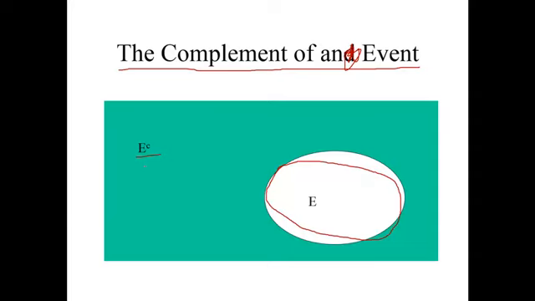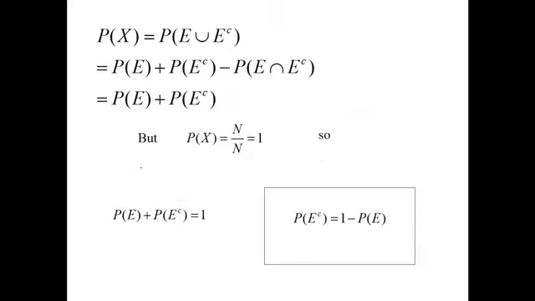What's left over is the complement. And so the probability of X is the probability of E union the complement, because you take E, you take its complement, you take the cookie and put it back in the hole. You get the whole original piece of dough you had.